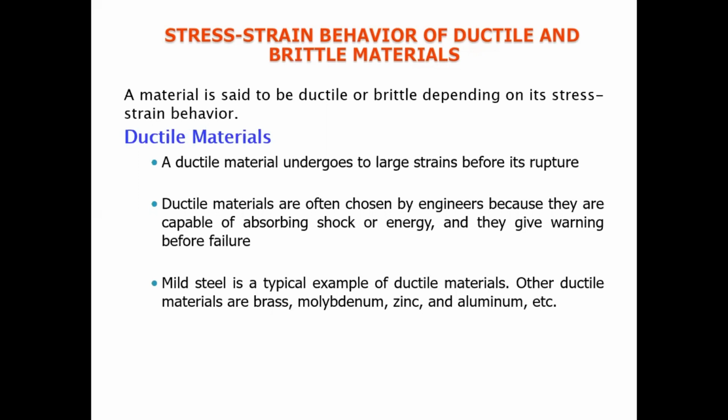Ductile materials are often chosen by engineers because they are capable of absorbing shock or energy, and they give warning before failure. Mild steel is a typical example of a ductile material. Other ductile materials are brass, molybdenum, zinc, and aluminum. So these are examples of ductile material.